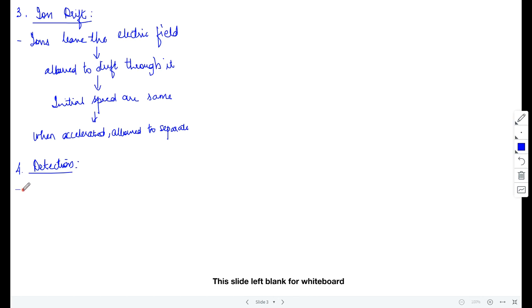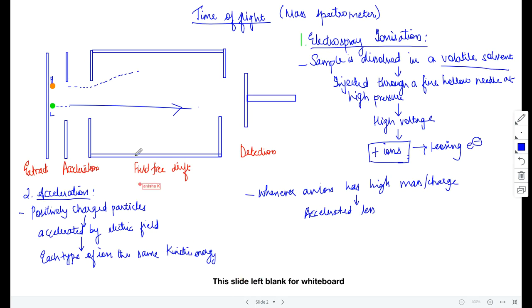Am I right? Because higher mass ones tend to come in slowly. But the ones with a lower mass reach the detector first, right? This is what we saw here. The higher one is drifting freely, so it will come and reach here slowly.